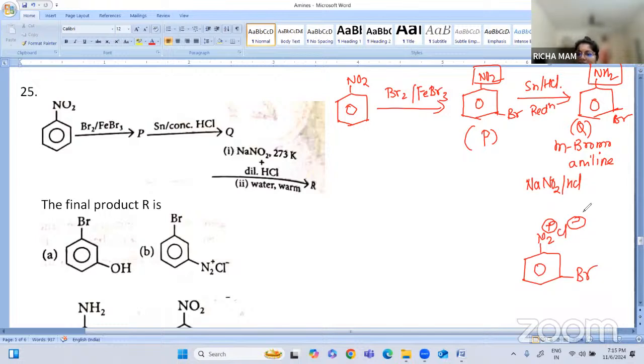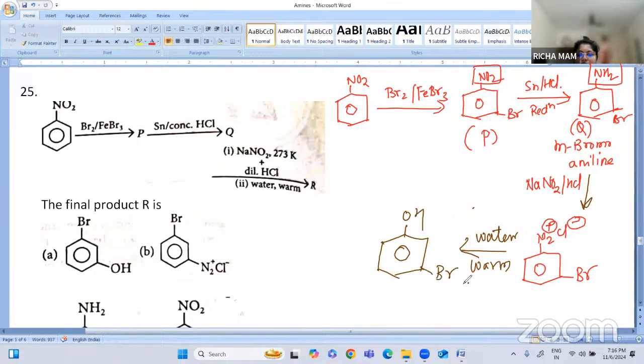I am going to get the N2+ Cl- along with Br. Then I am going to treat it with warm water. What will happen? The N2Cl will be replaced by OH. So OH and Br. This is my R. Got it?